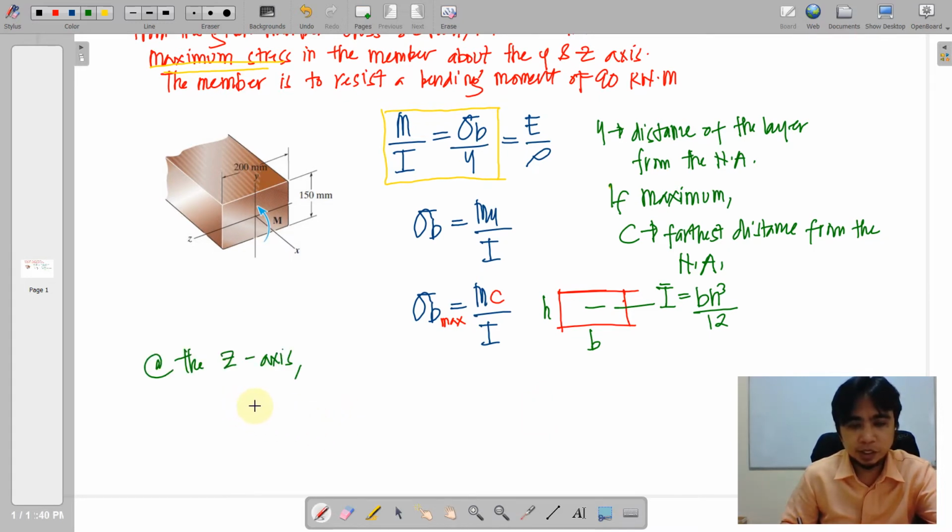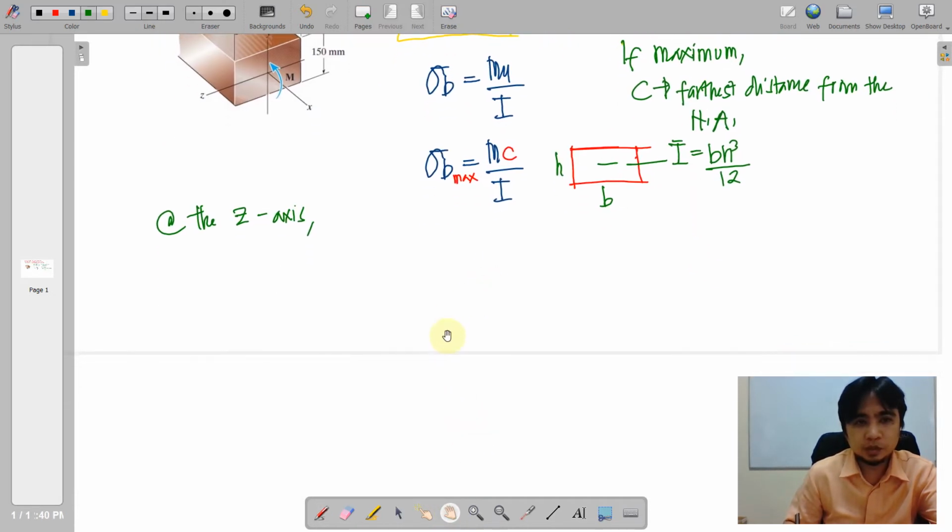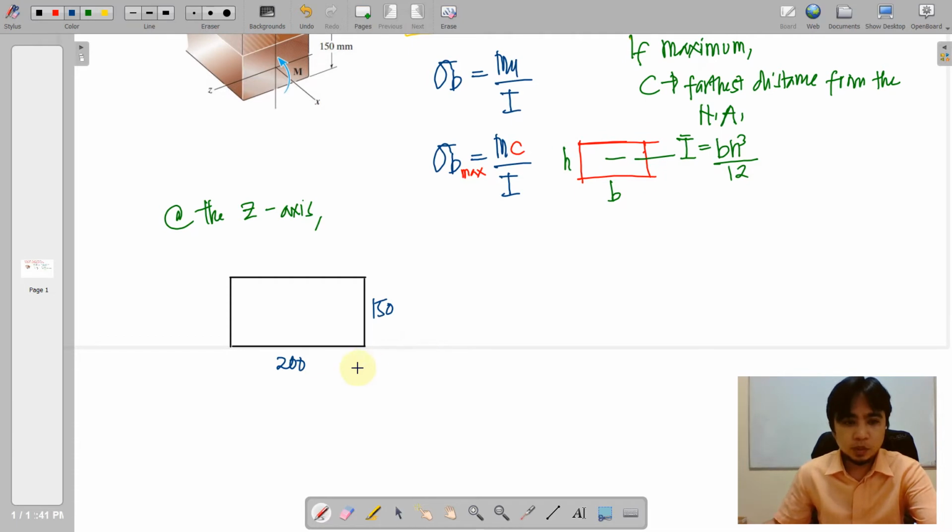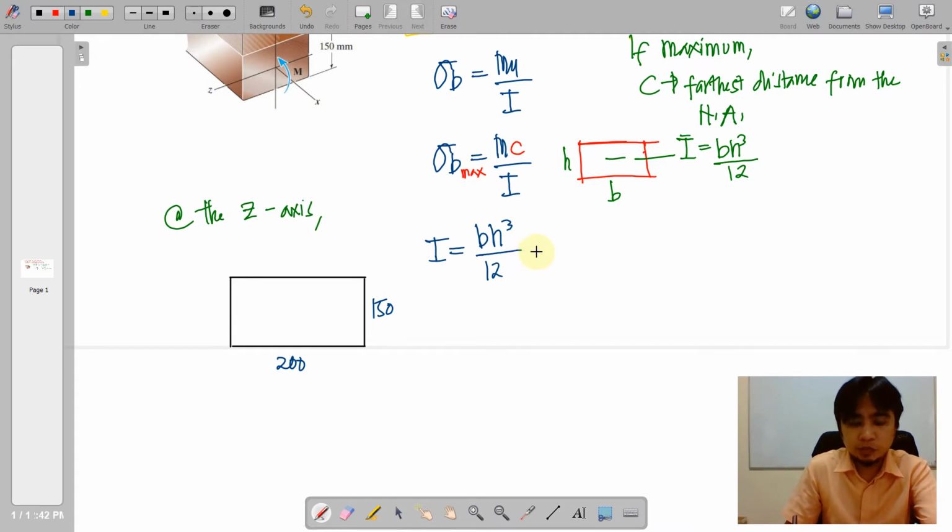At the z axis, the base is 200 and the height is 150, so we divide by 12.